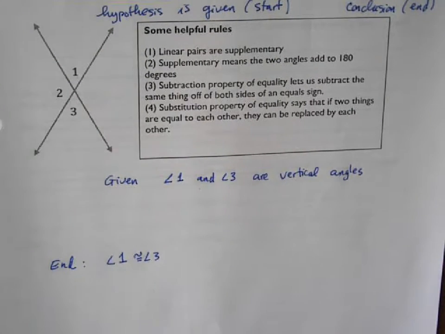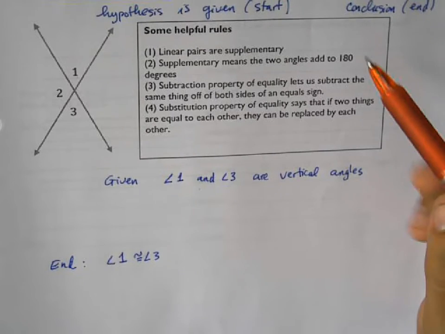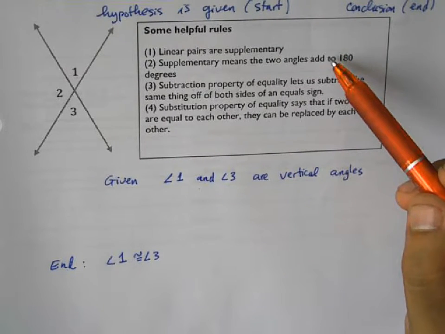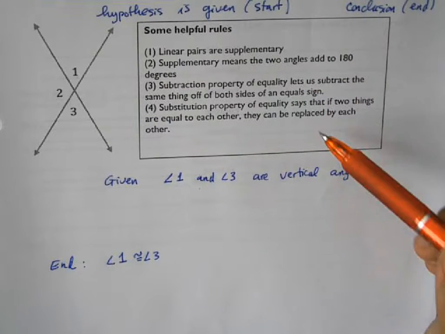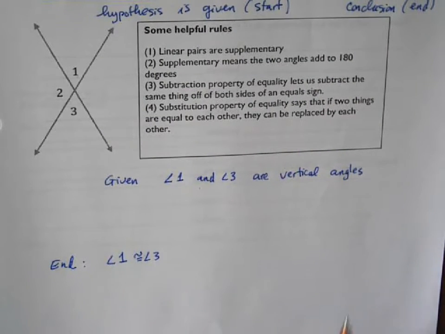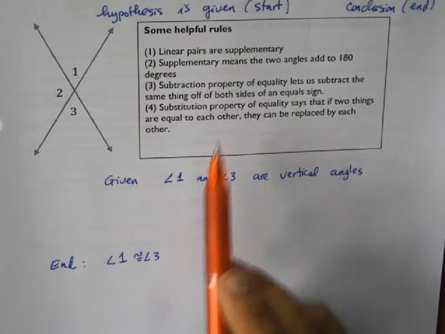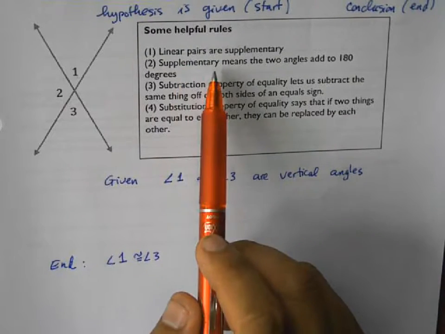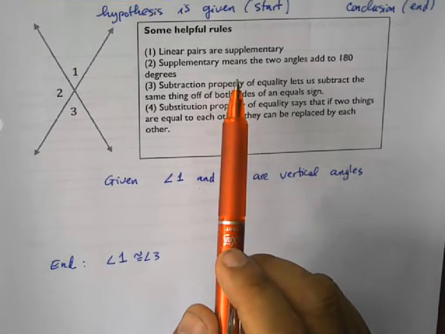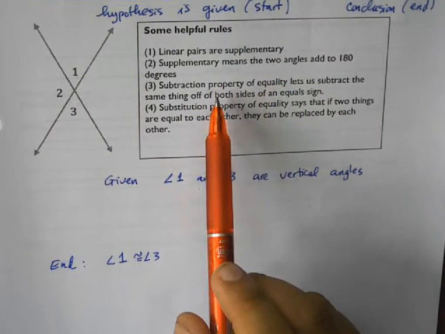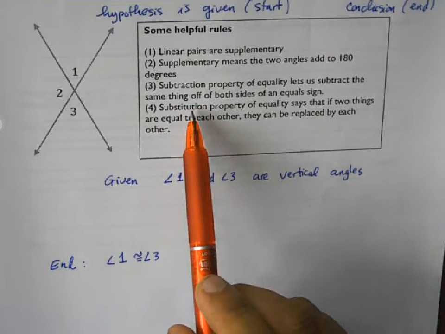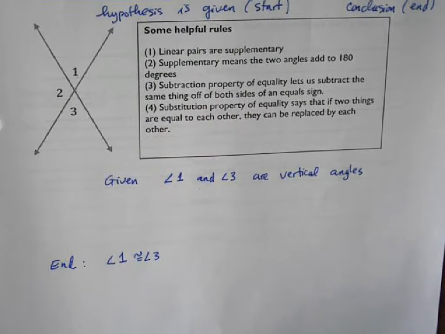So this being our first proof, what I've already done here is gave you 4 rules here that are going to be very useful and will apply to this problem. So we know that linear pairs are supplementary. Supplementary means that the two angles add up to 180 degrees. The subtraction property and the substitution property.